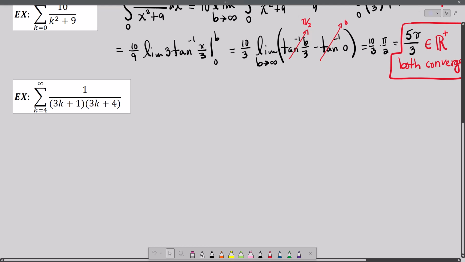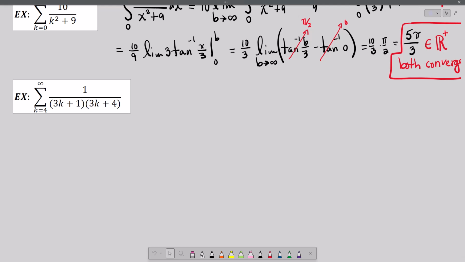So that's what we're going to do here. We're going to rewrite this in PFD, and we're going to see something that hopefully will remind you of a technique that we used a couple days ago. Now, the PFD that you're going to see in the infinite series chapter is going to be really basic PFD, none of the irreducible quadratics, all we can do with the convenient value method.